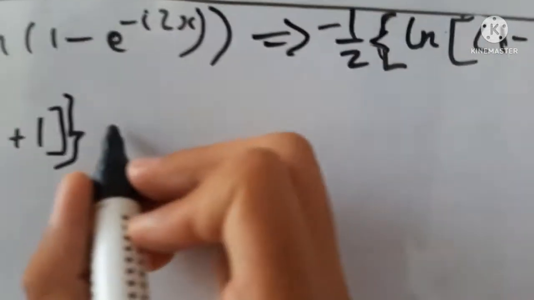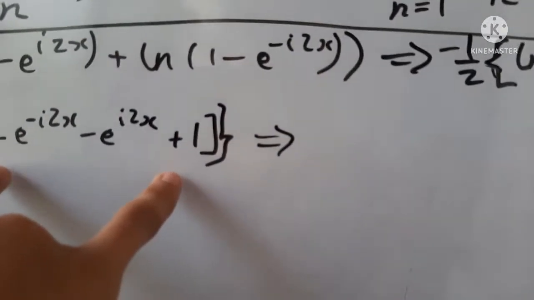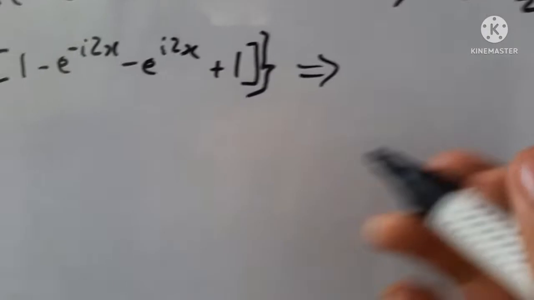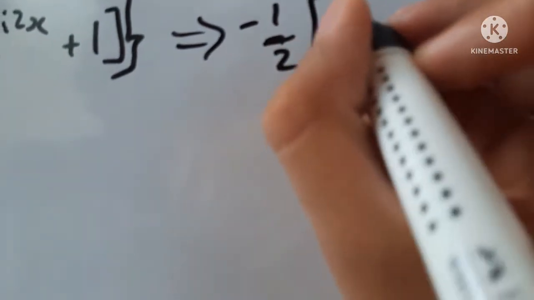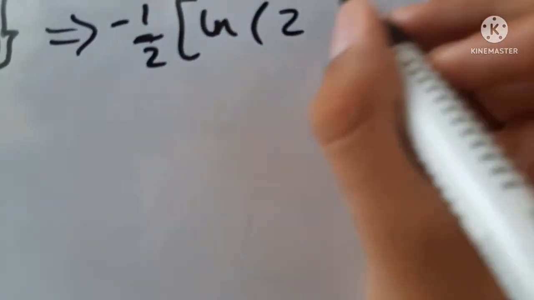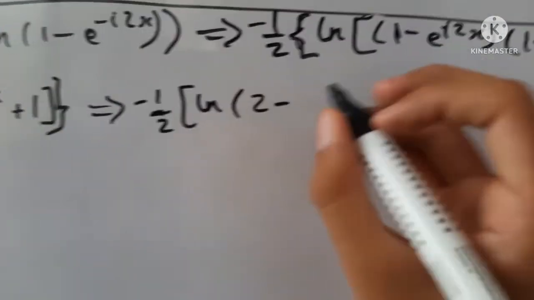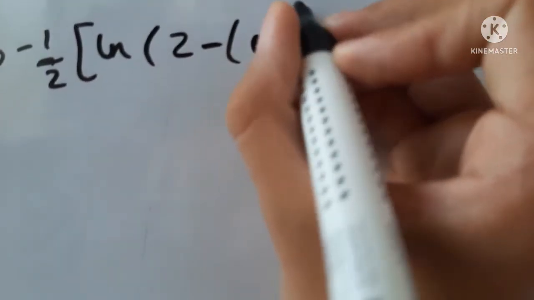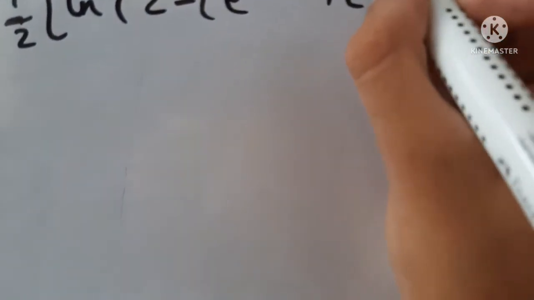Right, we combine these ones because it should be evident why. Imagine someone asking, why did you combine those ones together? Now I'm going to factor out a negative sign from these two terms, this one and this one, and we're going to get e to the minus i 2x plus e to the positive i 2x.